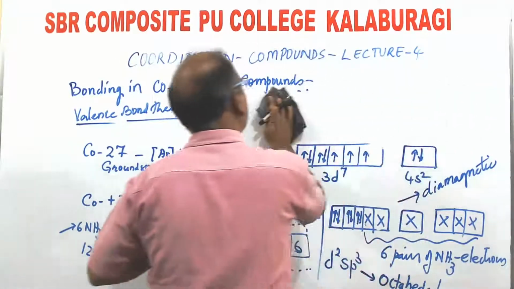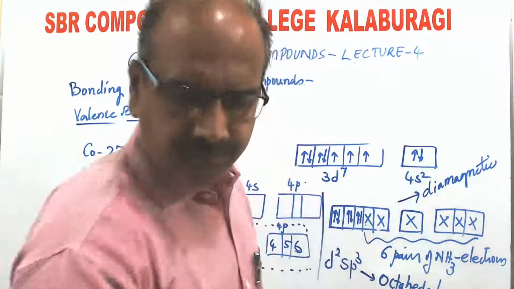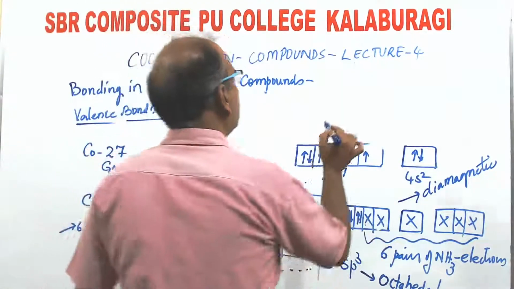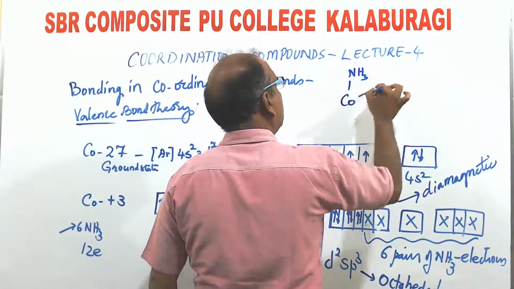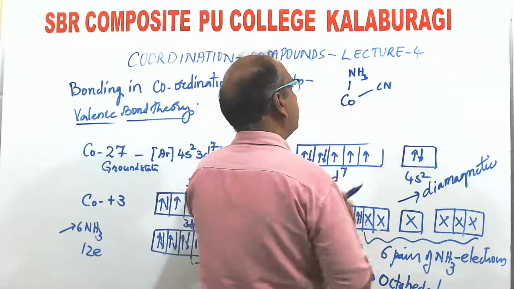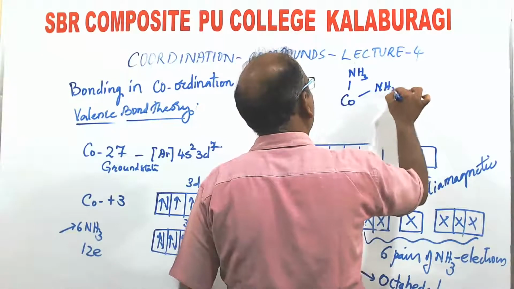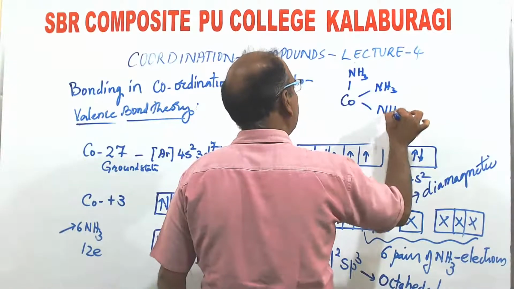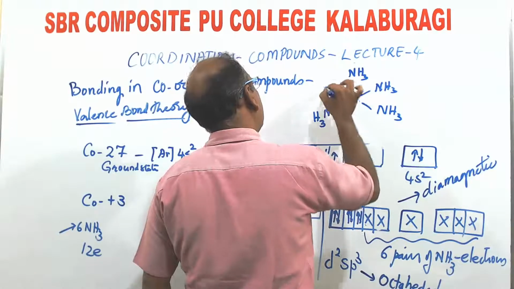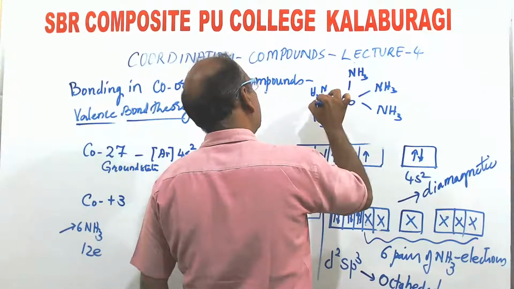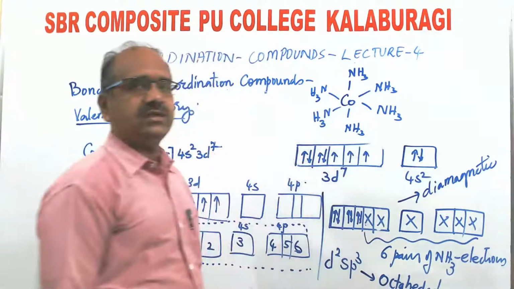Structure for this: cobalt at the center, with NH3 at each of the six positions, so an octahedral structure it shall be.